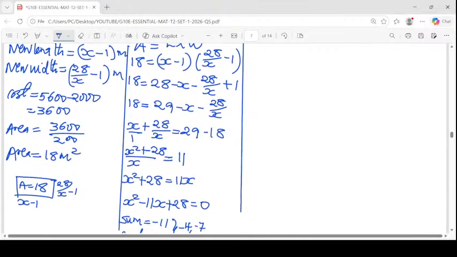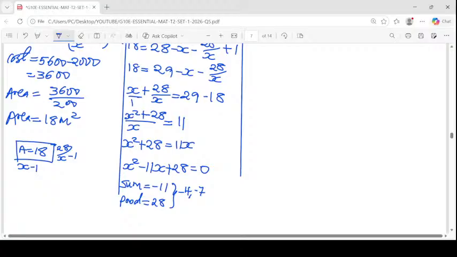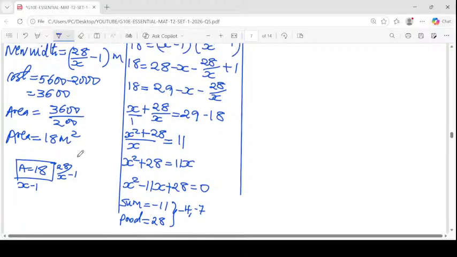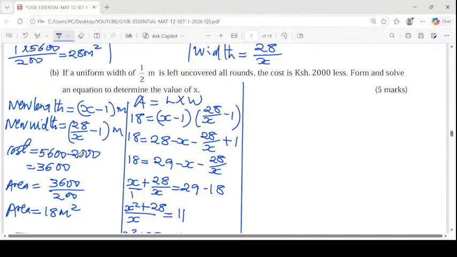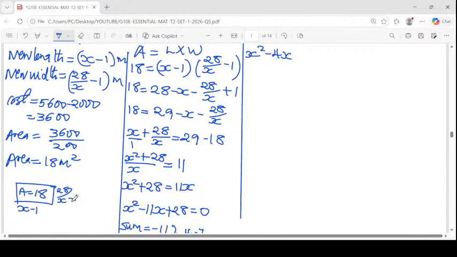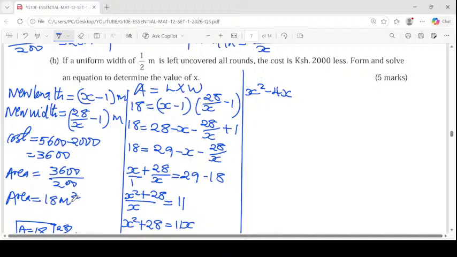So this will become x squared minus 4x, then minus 7x plus 28 is equal to 0.